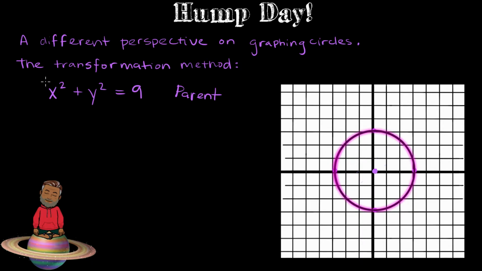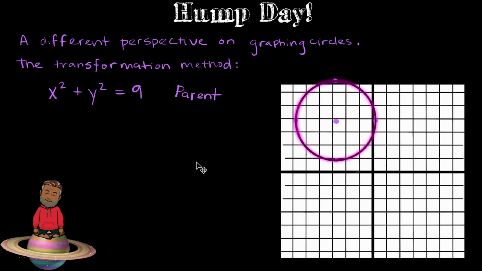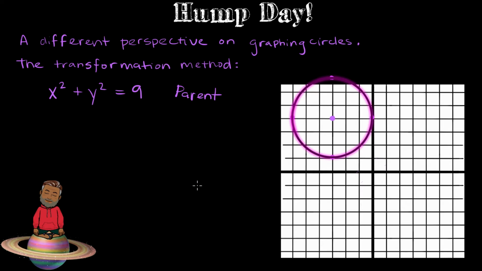Now, the idea is that from this x squared plus y squared equals 9, we can take this circle and move it anywhere we want using just the equation. So let's say we took the circle and moved it to perhaps right there. You'll notice that the radius of the circle didn't change. It still has a radius of 3, which means the 9 is intact.